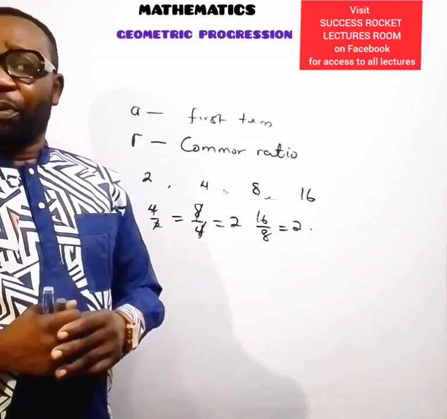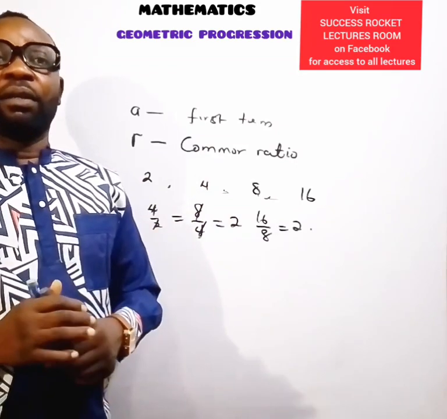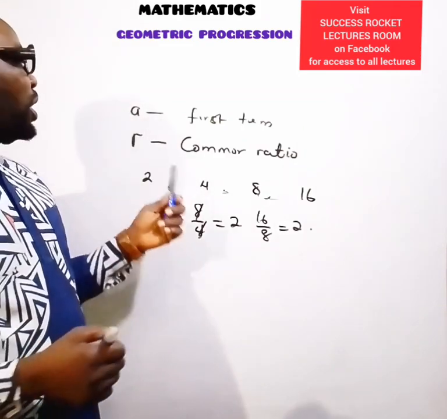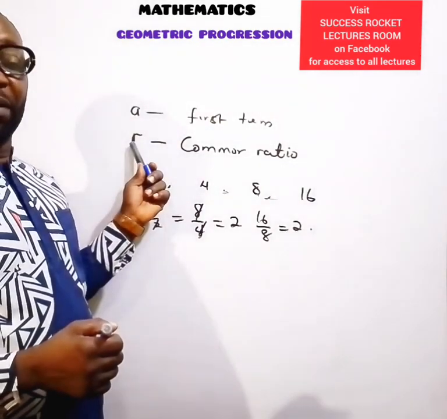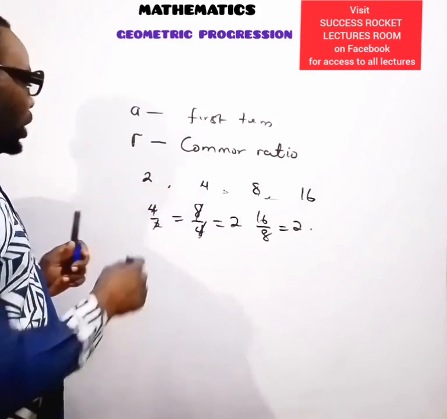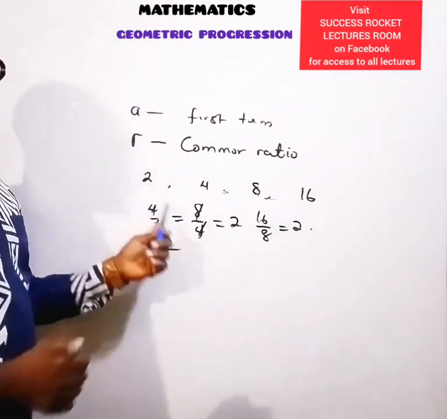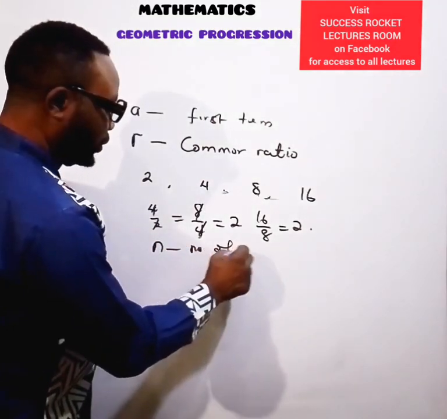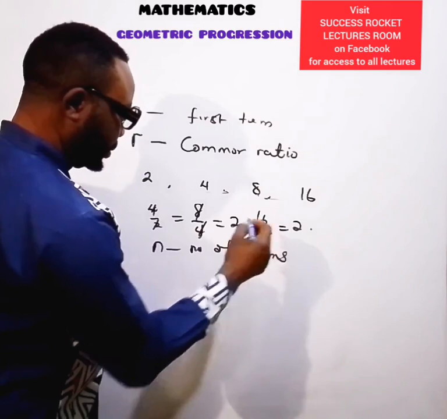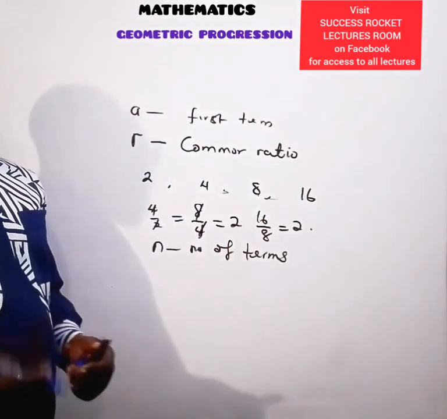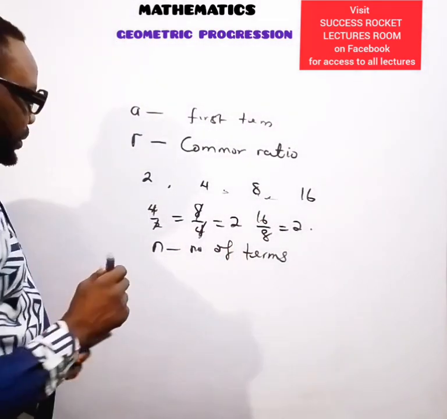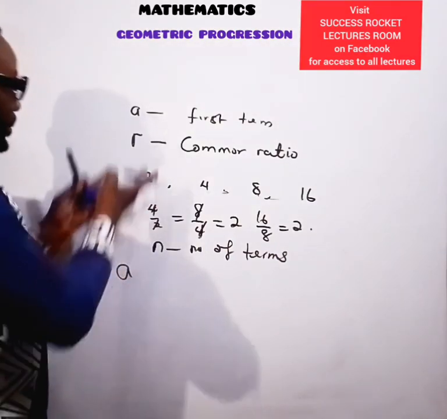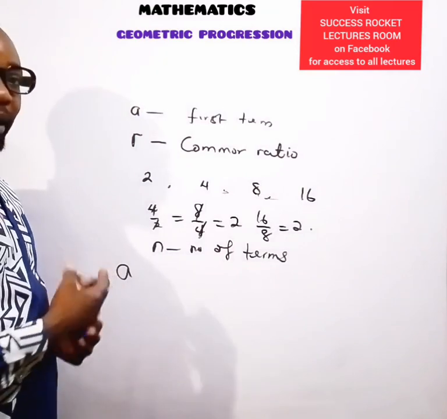Now, in geometric progression, as I've been saying earlier, we have the first term, which is represented by A. We have the common ratio, which is represented by R. We also have the number of terms, which is among the elements of geometric progression. The first term will be A, as stated earlier.